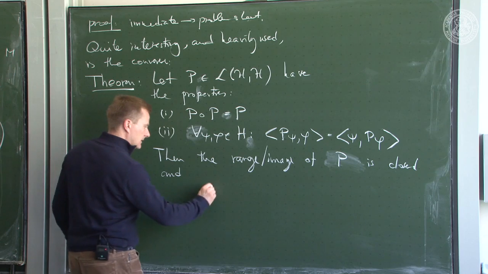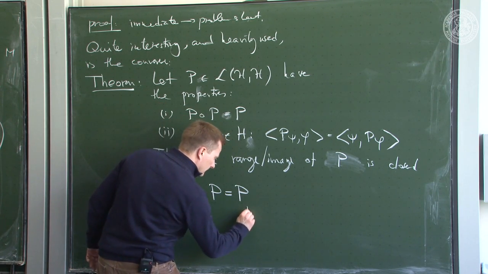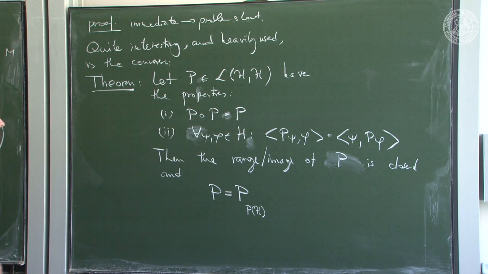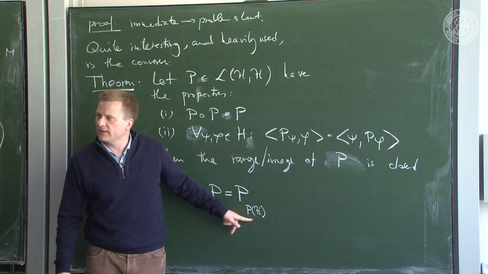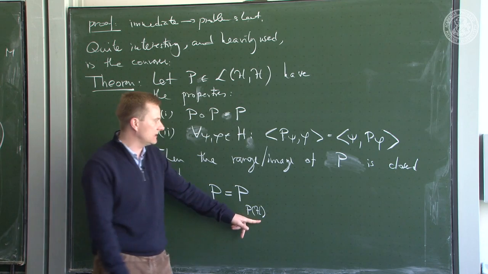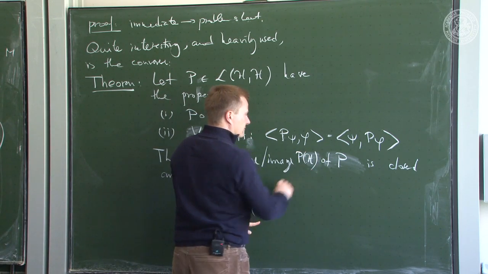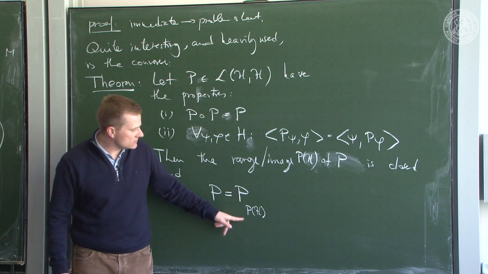And the P is the P from before. So you have the P from before, where you have a closed set down here. So the range, the image, is of course the P applied to the whole domain. I claim this is closed.